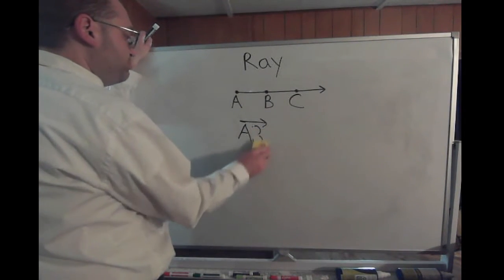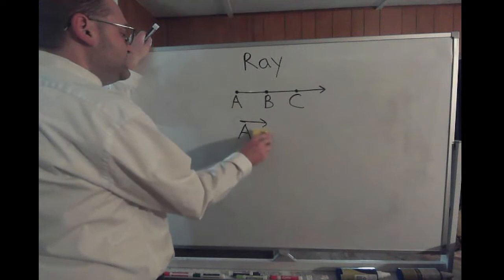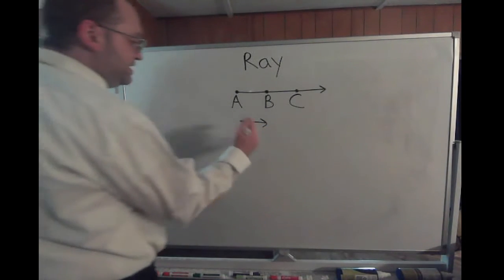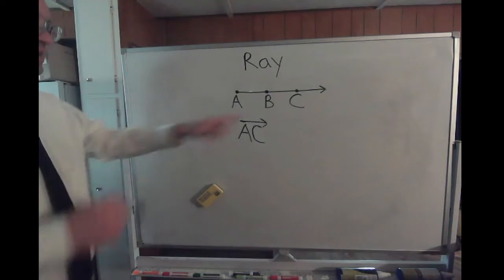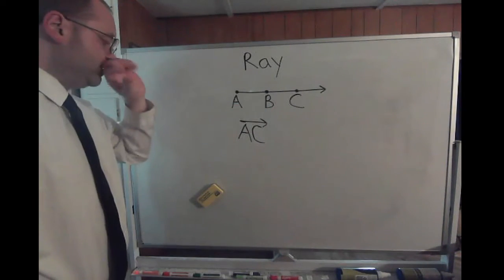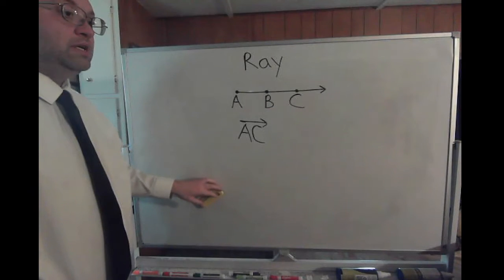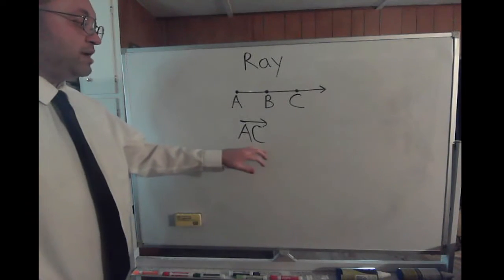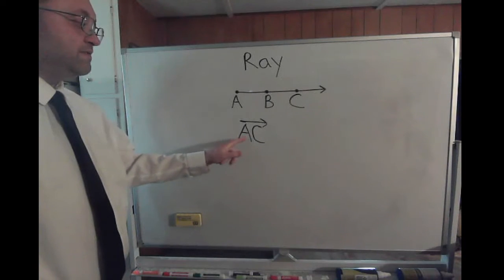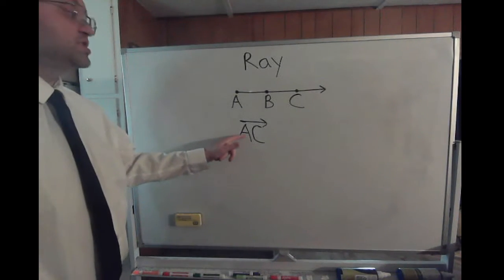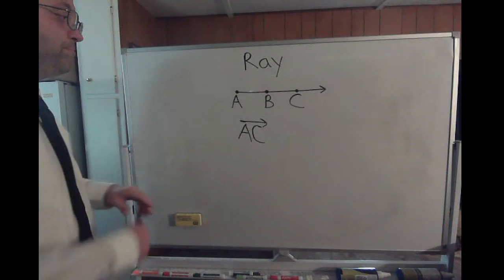Or actually, this would probably be more accurate to say ray AC, since it runs through point C. B lies between A and C, obviously. Now, lines, it doesn't matter which point comes first, but with a ray, when you denote a ray, the very first letter must denote the starting point of said ray.